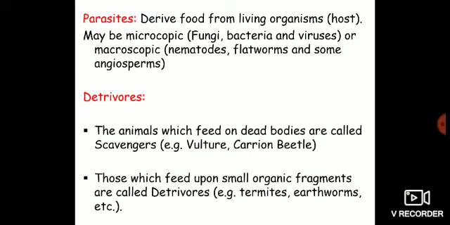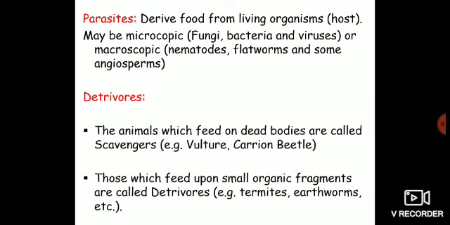This is the difference. Decomposers are those organisms which decompose the dead bodies of other organisms. Scavengers are those animals which feed on the dead bodies of other animals. Okay, examples are vulture, carrion beetle.